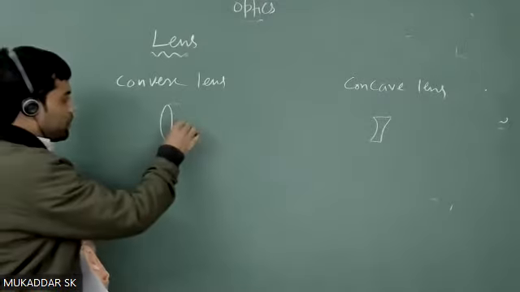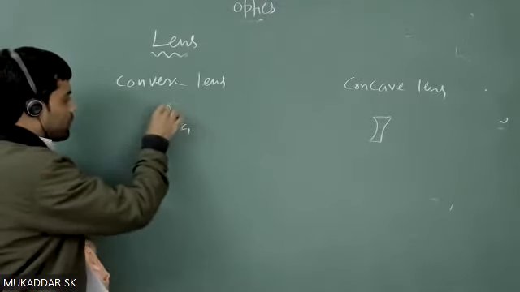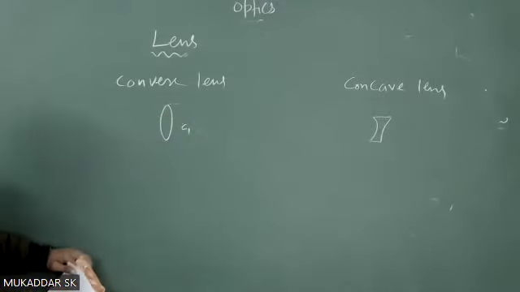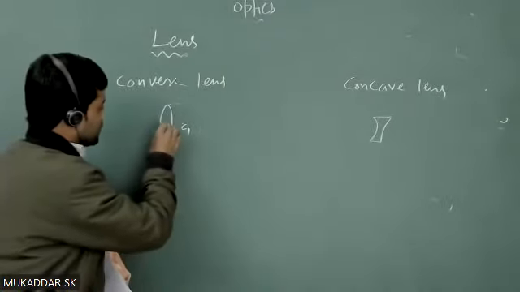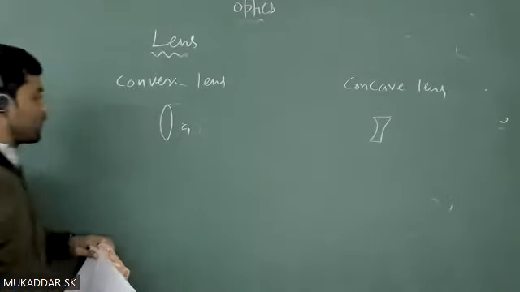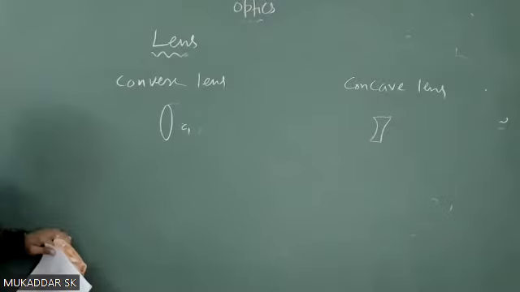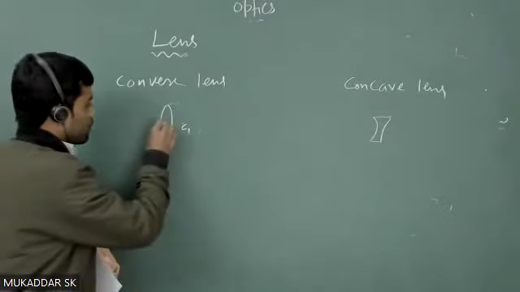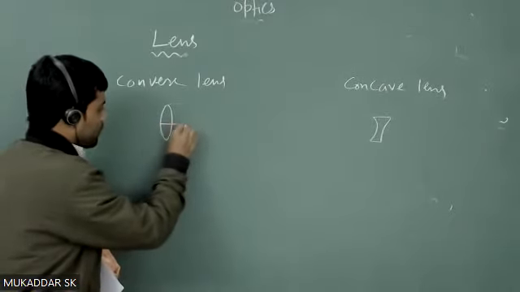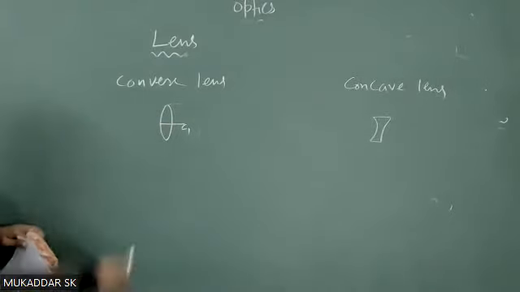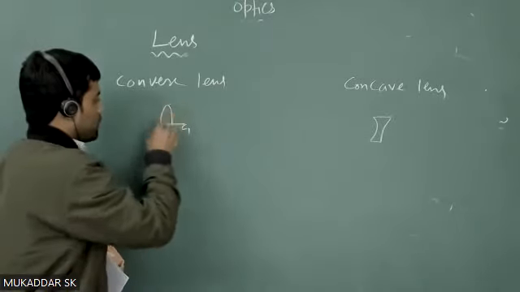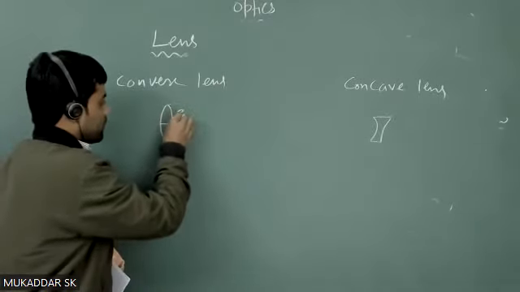The center of this sphere is nothing but the center of curvature of this surface. And the radius of curvature you always calculate from the pole. So from pole to C1, this distance is the radius of curvature of this surface, and let us assume this is R1.